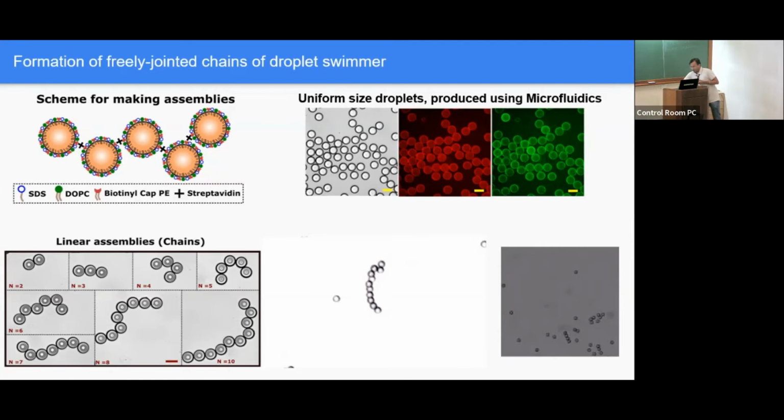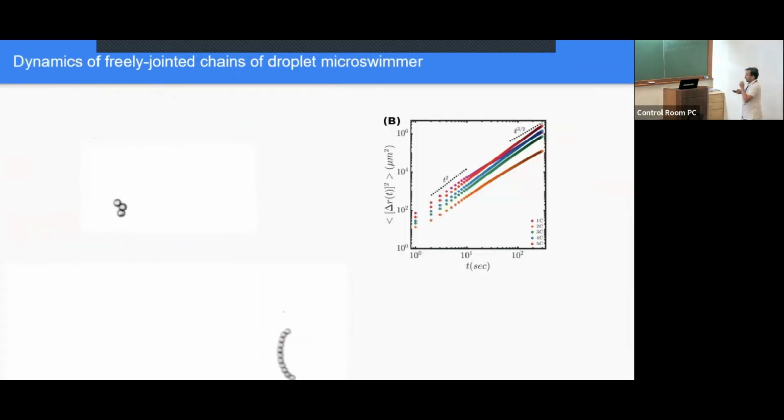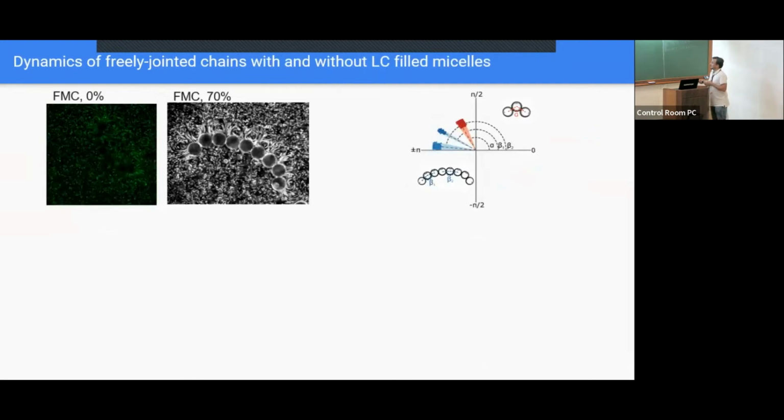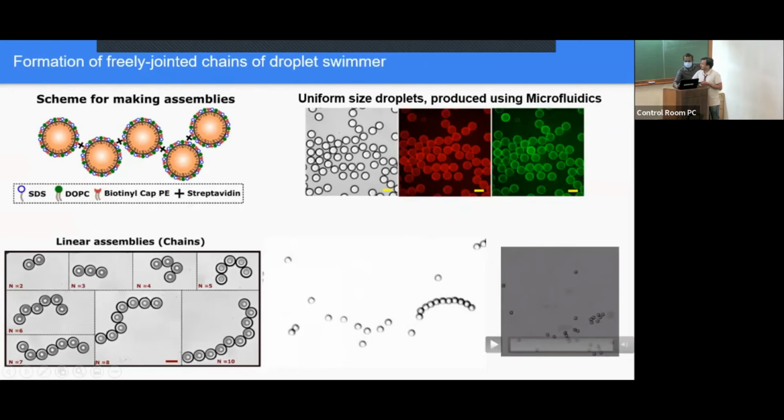Along with these freely jointed chains, which are propelling perpendicular to their body axis, we can also create such freely jointed chains which move along their body axis.